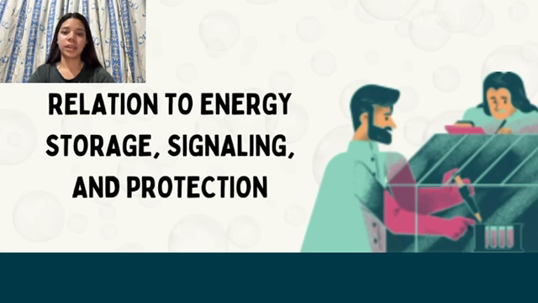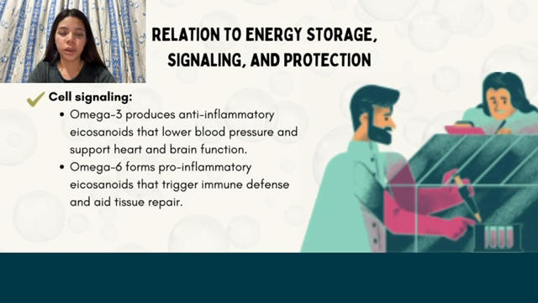Omega-3 and omega-6 fatty acids are essential lipids that our body cannot produce, so we get them from foods like fish, nuts, and vegetable oils. They serve as major energy source stored in our fat tissues and broken down when our body needs fuel. They are also important in cell signaling.